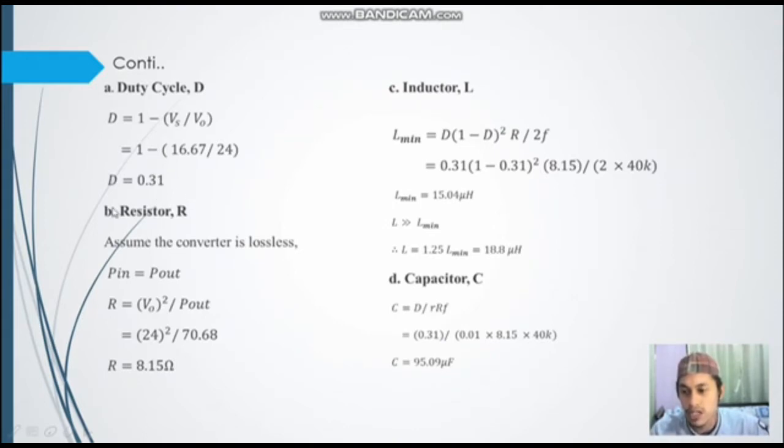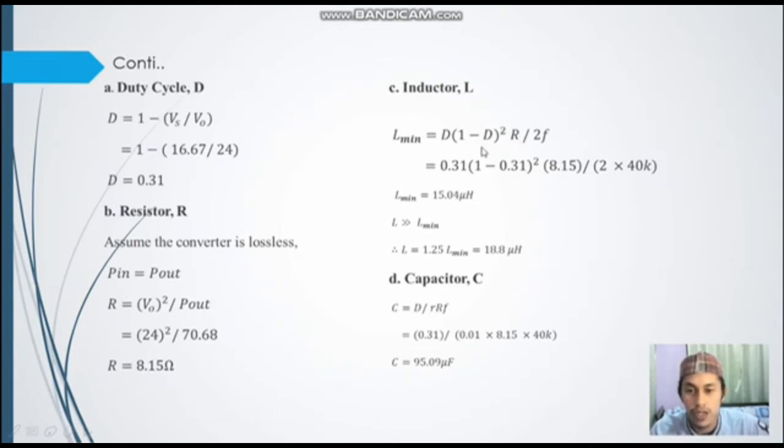Next is the resistor. Based on this equation, we can substitute the Vo and the P. The value obtained for R is 8.15 ohm. The next one is the inductor. To find the inductor value, we need to find the L minimum first. Based on this equation, we must substitute the duty cycle value, resistor, and the frequency.